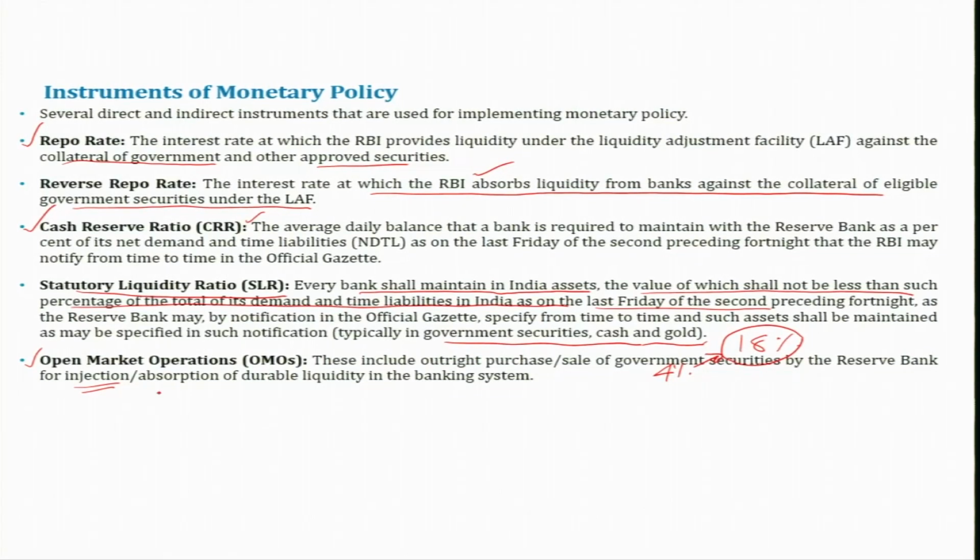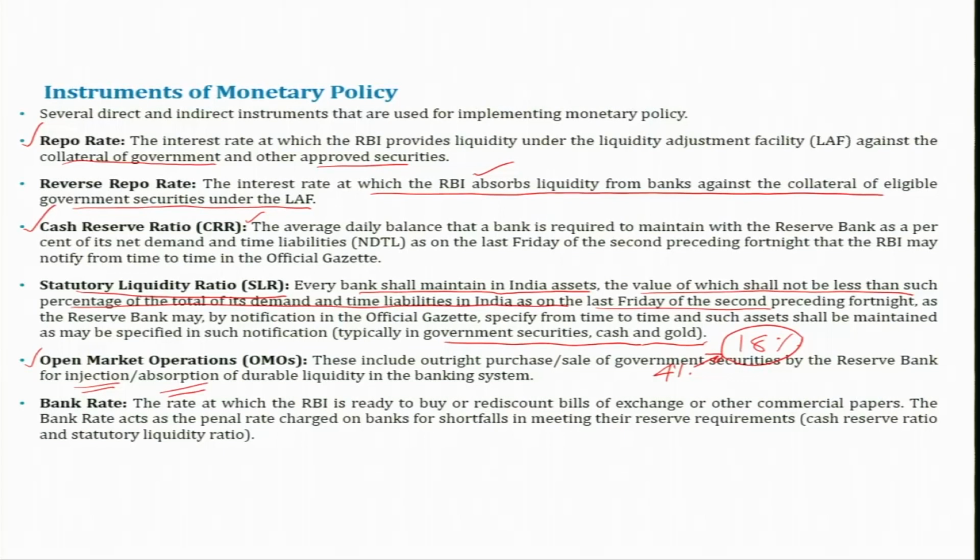Otherwise, if they want to reduce the liquidity in the banking system, then the RBI will sell government securities in the market, take back money, and reduce the money supply in the economy, in the banking system.